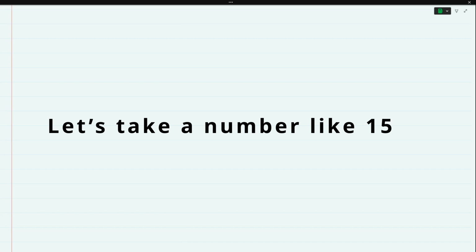Let's take the example of 15. If you wanted to square 15, I have got a super simple trick for you. First we write 15 and we see that the tens digit is 1. Then we multiply it by the next higher number, which is 2. So what will we get after multiplying by 2?